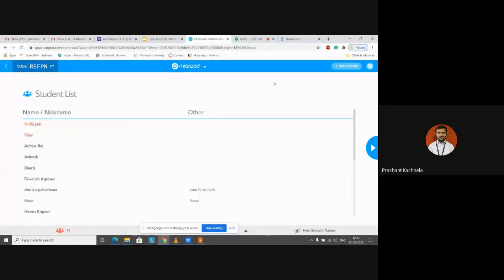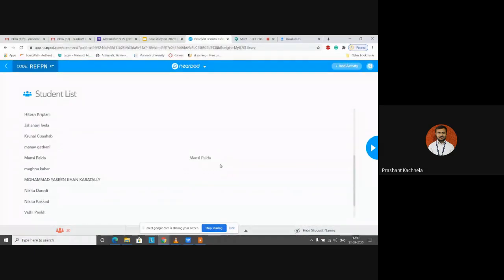I can see Nidhi, Vijay, Aditya, Avinash, Bharti, Devansh, Hitesh, Janvi, Krunal, Manav, Mansi, Meghna, Mohammed, Nikita, there are two Nikitas, great, Vidhi, Yash. There are many people here. Others can also join us later.